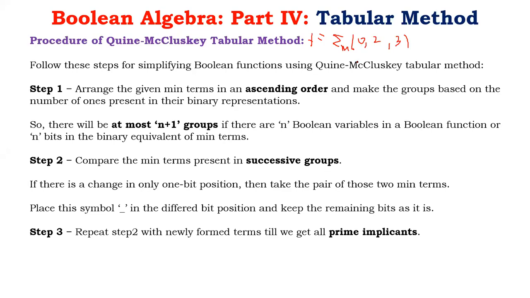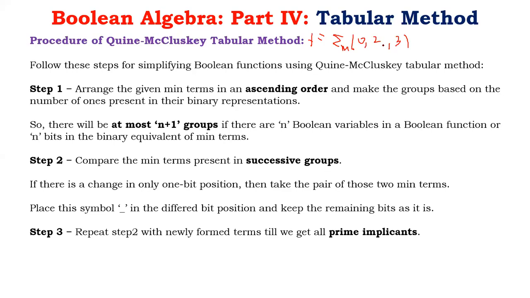Then the A1 group, where only one 1 is present in the binary form of the min term. Suppose it's 2, that is 0, 1, 0. And this is 3, that is 0, 1, 1. So there are 3 groups. In the first group only one min term is there. In the second group, 2 has only one 1. In the third group, 3 has two ones.